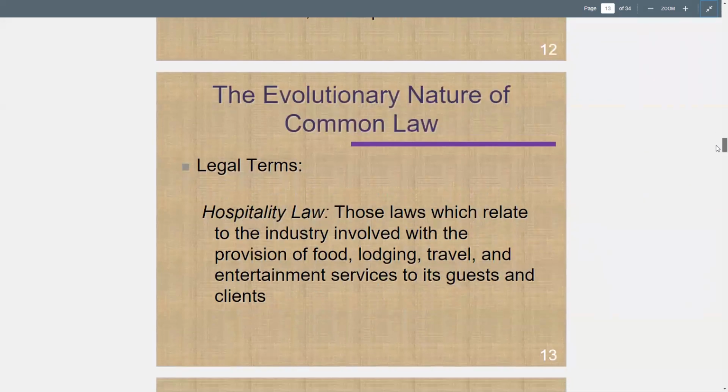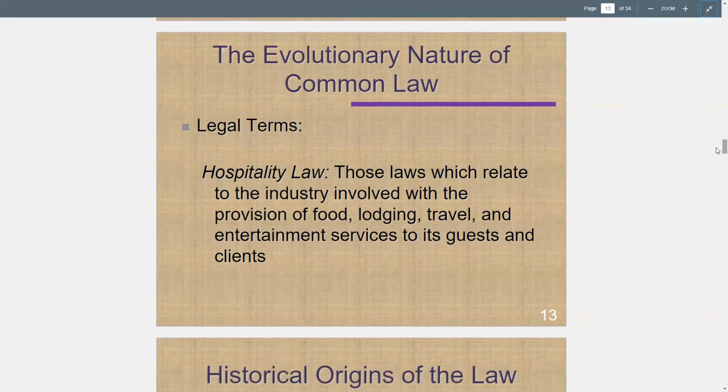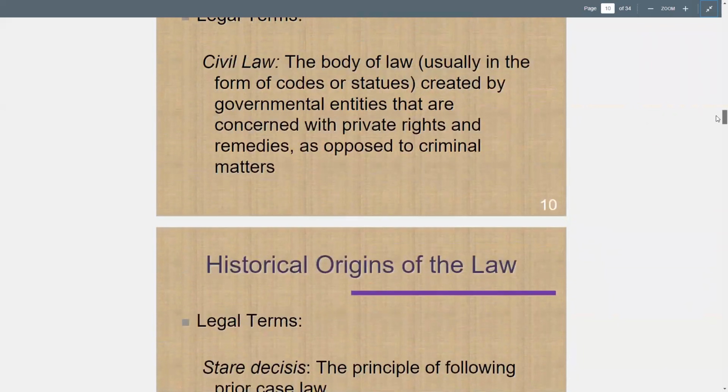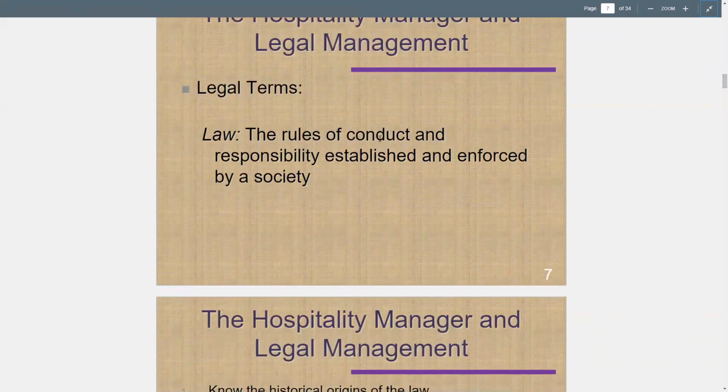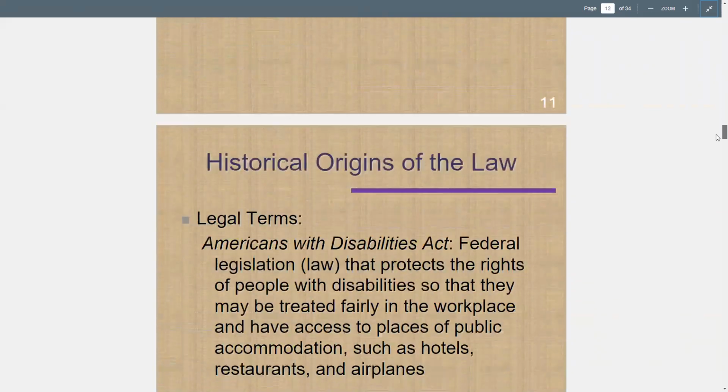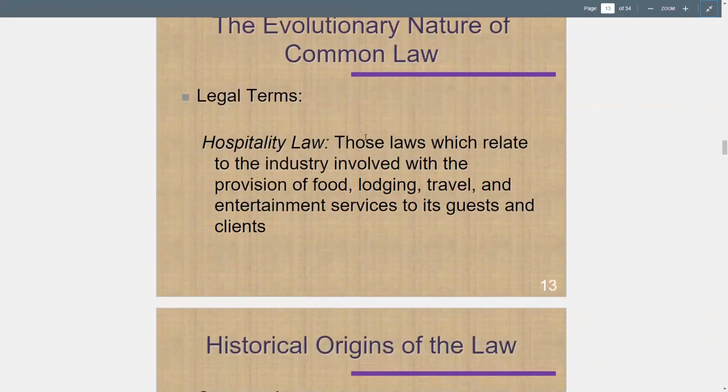Okay. So here's the definition of hospitality. We talked about what the law is. Let's just go back here and look for a second. The rules of conduct and responsibility established and enforced by a society. Now we're going to go down here and look at how we define hospitality law.